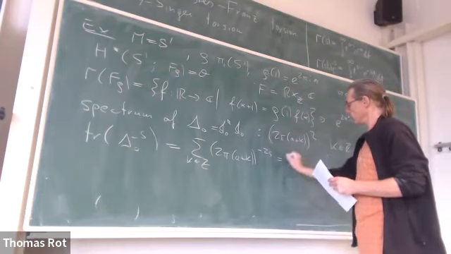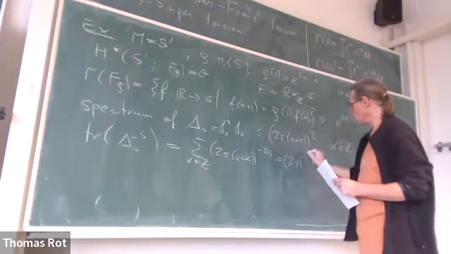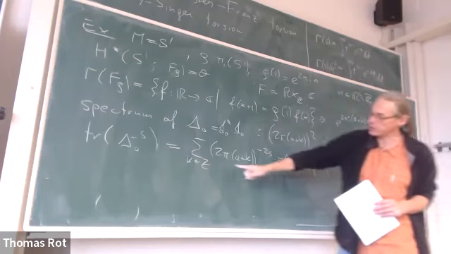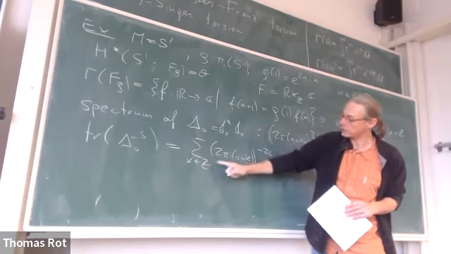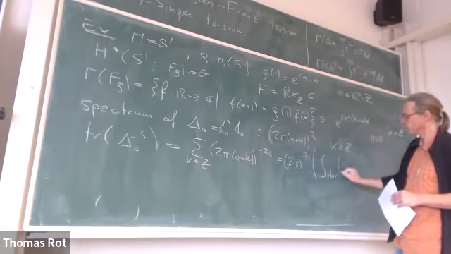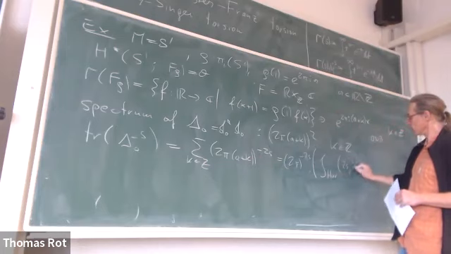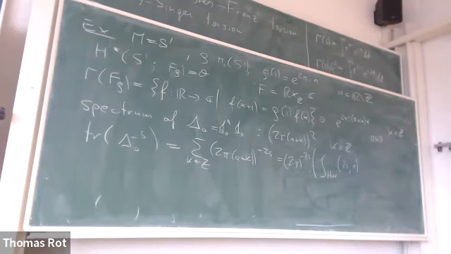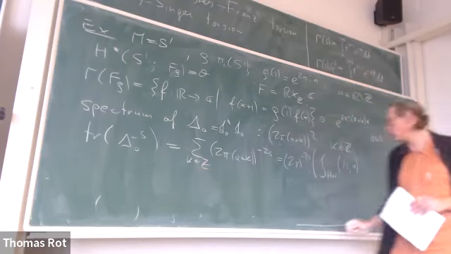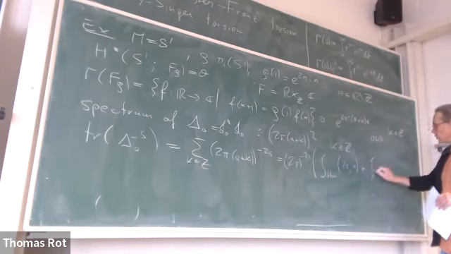We get 2 pi to the minus 2s, just pull it out. Then if you just sum over the positive integers, this is really the definition of the Hurwitz zeta function at 2s associated to a, and then to sum over the negative k, you get another Hurwitz zeta function.